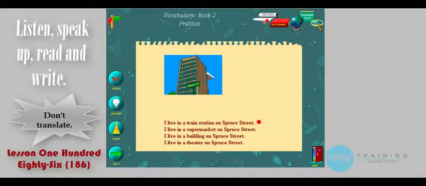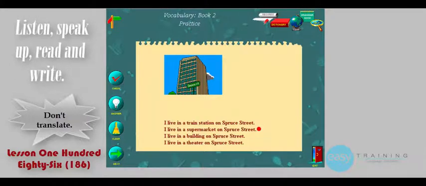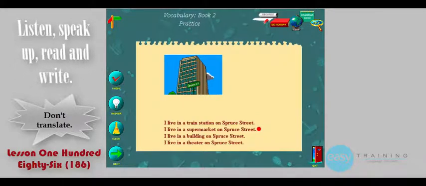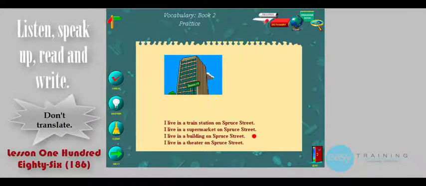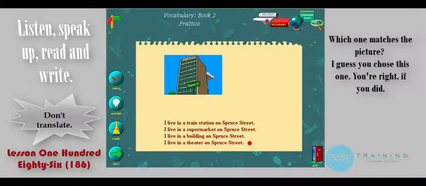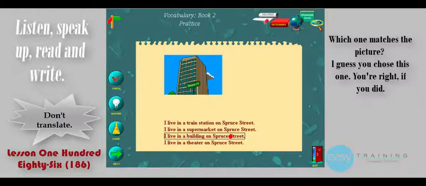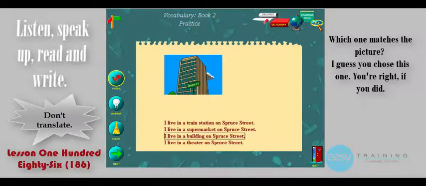I live in a train station on Spruce Street. I live in a supermarket on Spruce Street. I live in a building on Spruce Street. And I live in a theater on Spruce Street. Which one matches the picture? I guess you chose this one. You are right if you did. I live in a building on Spruce Street.